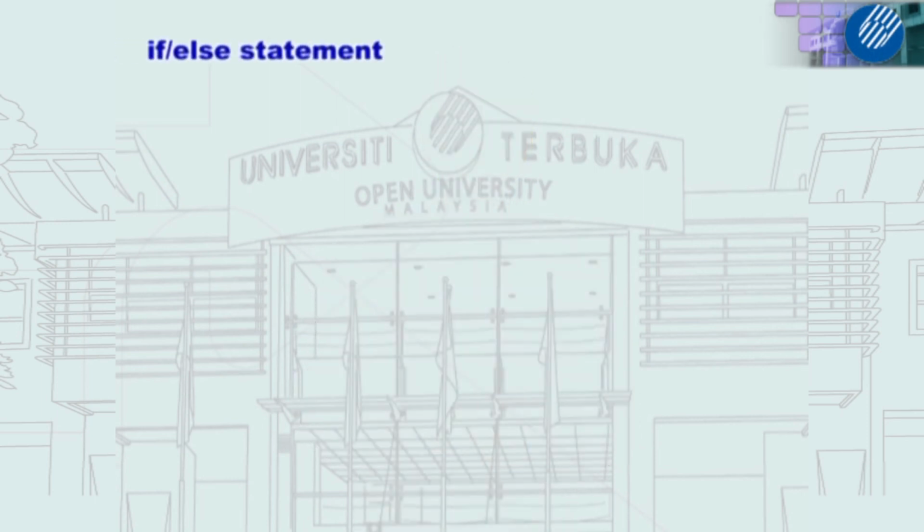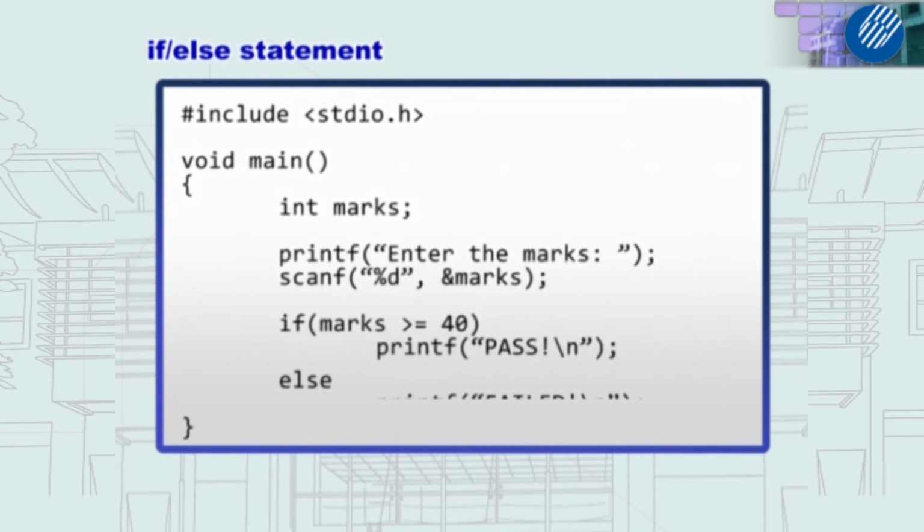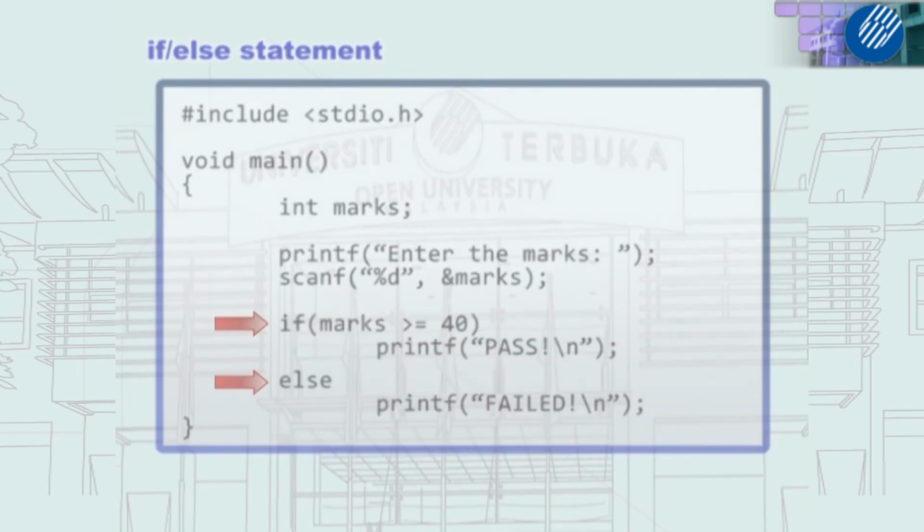Now we look at another example of if-else statement. Notice that the if and else pair with their respective statement. Now we go to the multiple if-else statements. Notice the right way of writing multiple if-else with their respective statements.